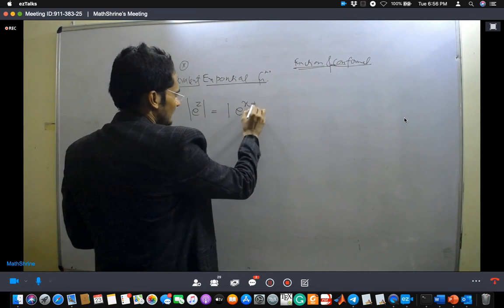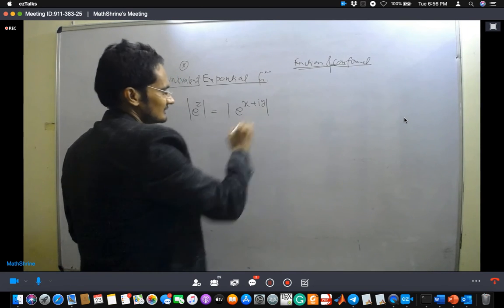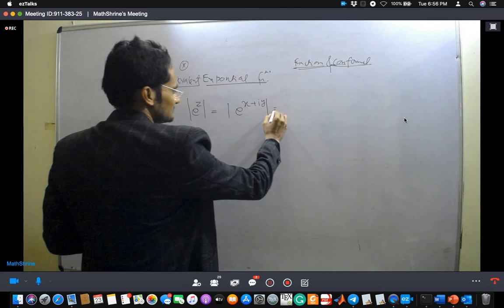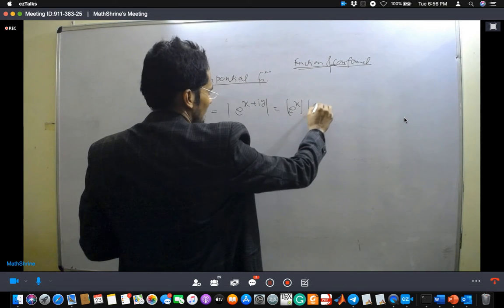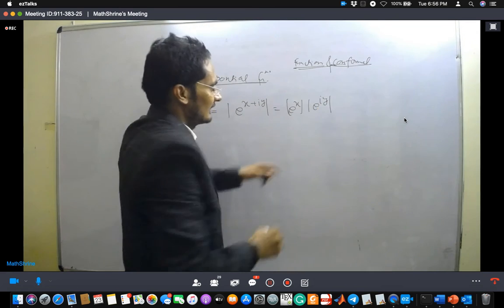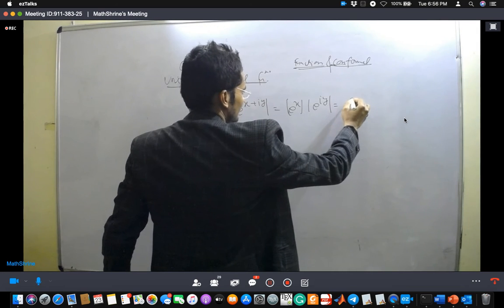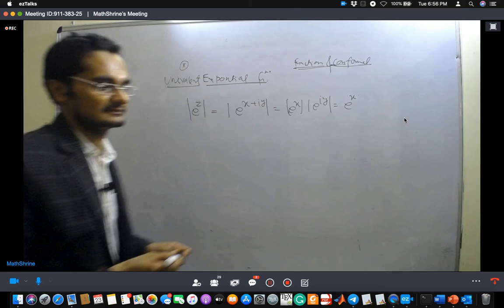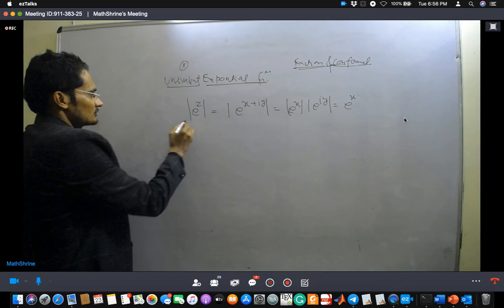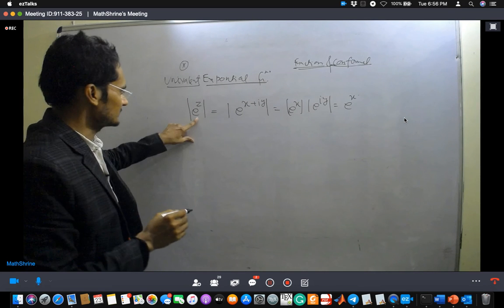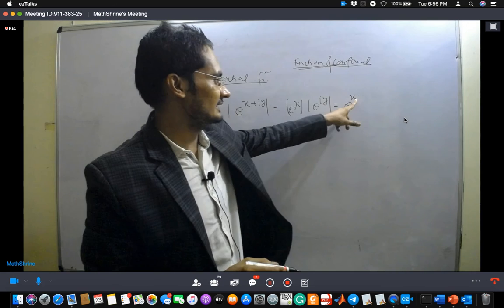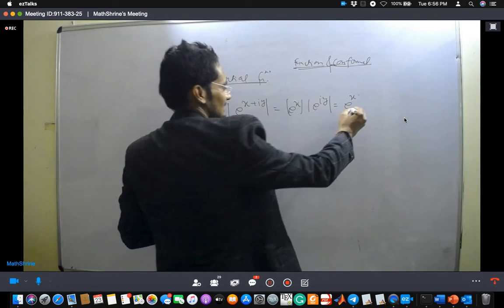Correct? So the absolute value of the exponential function is e^x, which is a non-negative real number. This implies that |e^z - 0| is equal to e^x.